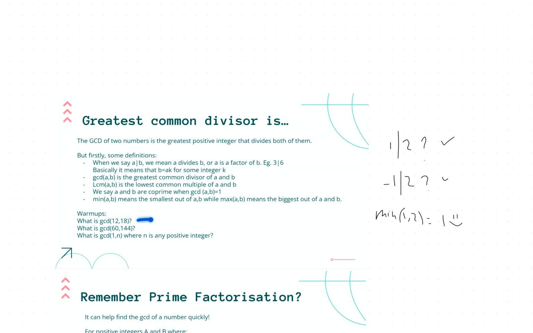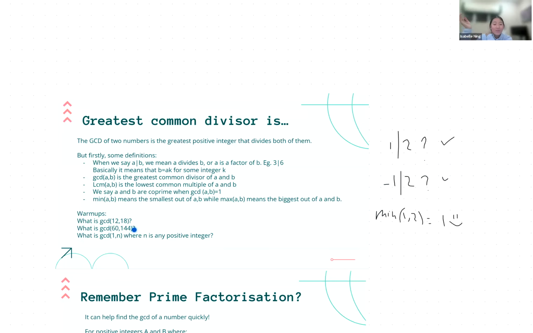Next one, 12, because 60 divided by 12 is 5, and 144 divided by 12 is also 12, and you can't divide them by any higher number. Good job. How did you do it?